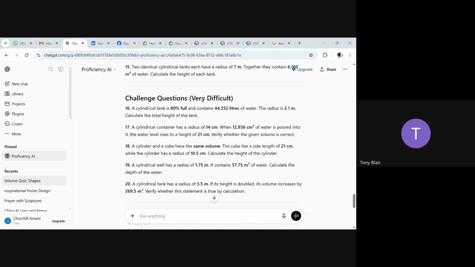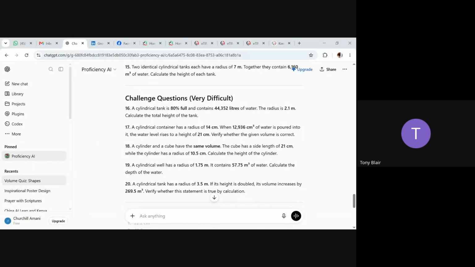Verifying is basically just checking if the volume that is stated in the question is correct as per the workings. So volume is equal to pi r squared h. That's the formula for the volume of a cylinder.